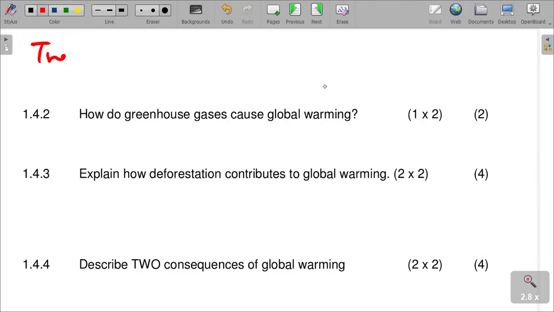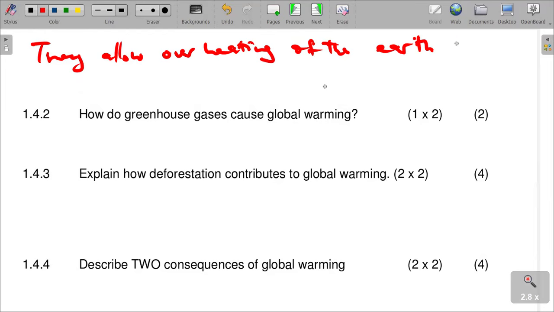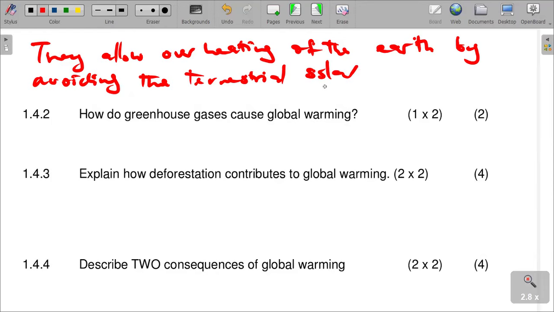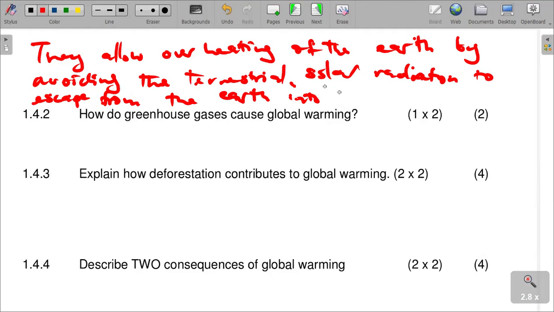They allow overheating of the earth by blocking terrestrial solar radiation from escaping from the earth into the atmosphere.